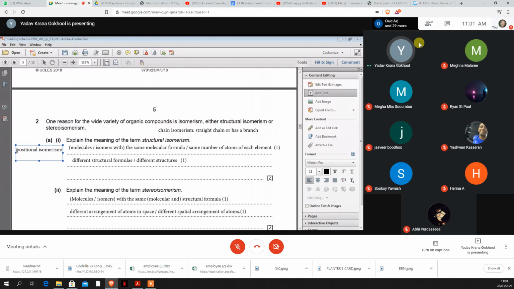For example, you have propan-1-ol or propan-2-ol.